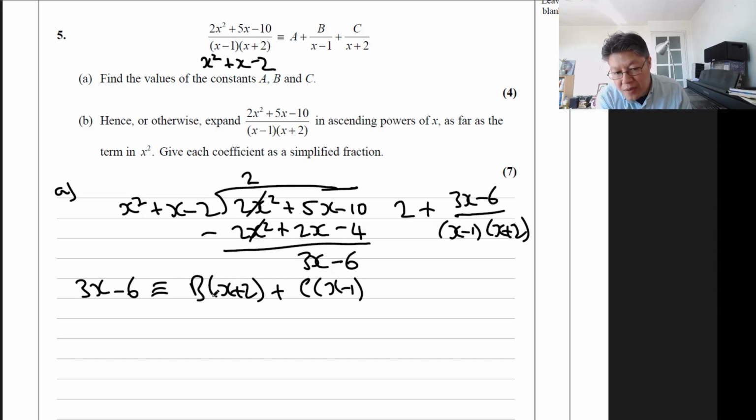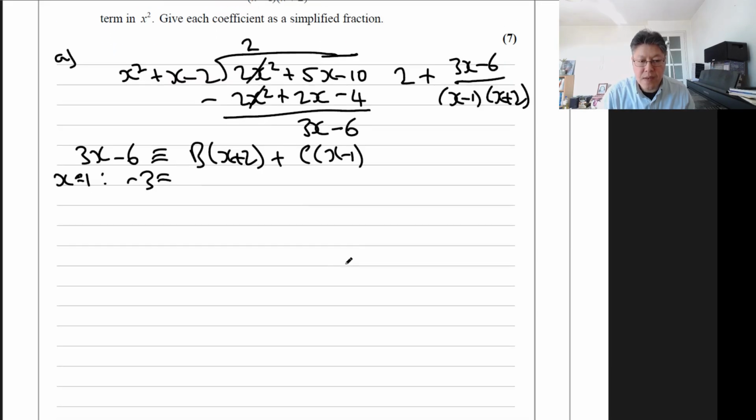And now we can plug in some x values to get the B and the C. The first one we'll try is x = 1, and we're going to plug that into both sides. On the left hand side, you get 3 minus 6 is −3, and that equals 3B.